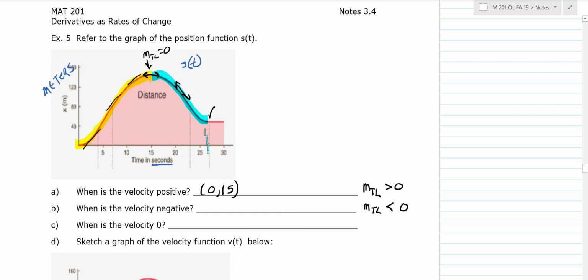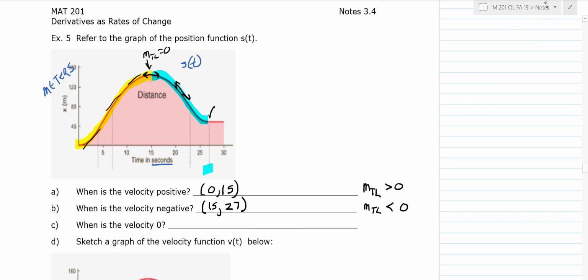I'm just going to assume that you still have a negative sloping tangent line until you get right here. So that's going to be from 15 seconds until, let's say 27, just approximating on that. That looks like that's when the velocity is negative.